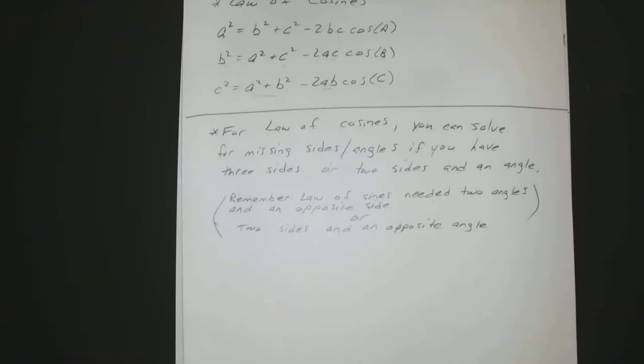So it's really dependent on what they give you. If they give you three sides, they'll usually tell you use law of cosines to solve this or that, or use law of sines. But if you're only given three sides, then you know that you're going to use the law of cosine.